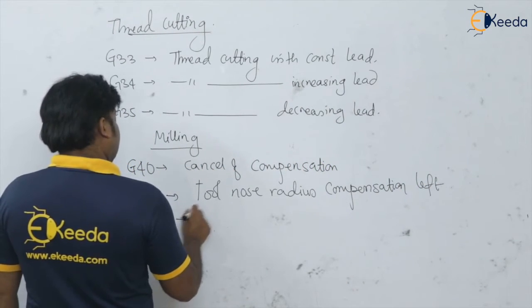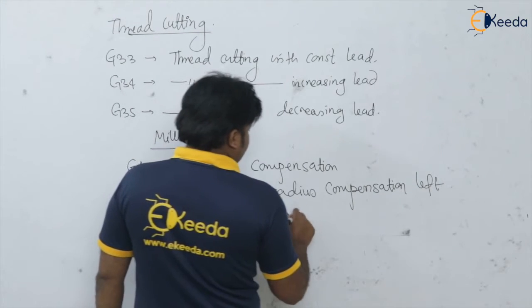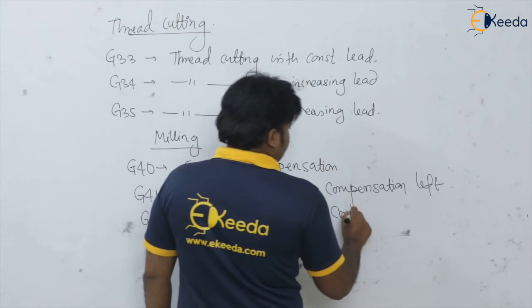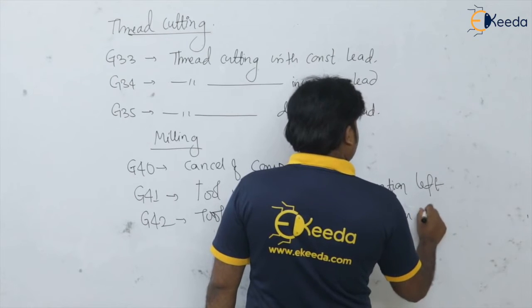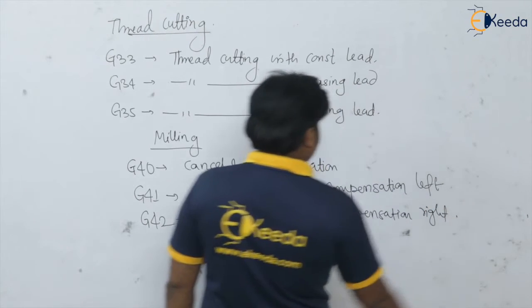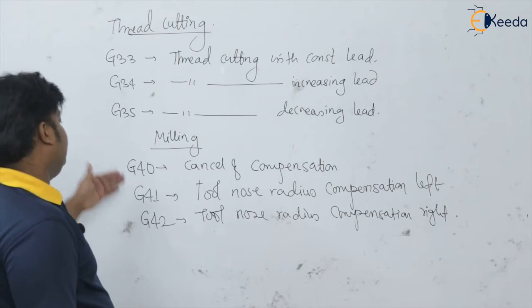G42 we use for tool nose radius compensation right. So these are G40, G41, G42.